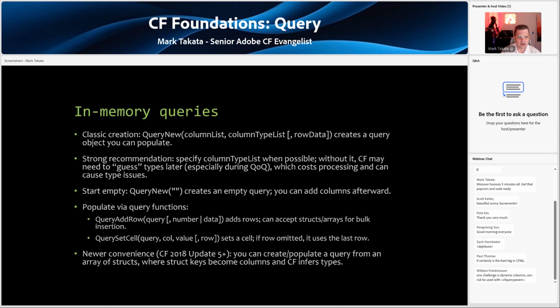So when might you use a query in memory if you can so easily get it from a database? Well, there's a few different reasons. You might be getting data from disparate places. You might be getting some of your data from a relational database, which is one line of code, that's easy. But maybe you're also pulling in data from a NoSQL database, or as I mentioned, a CSV, where in the past you would have had to create a query out of nothing, but we fixed that.